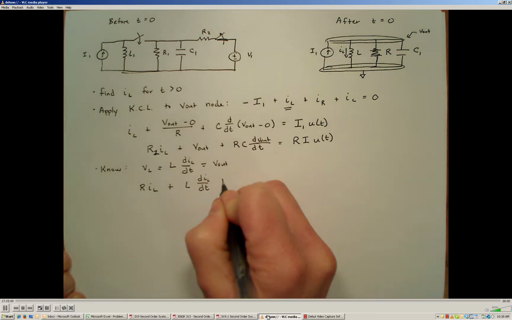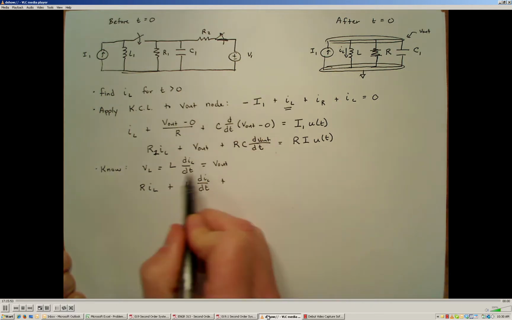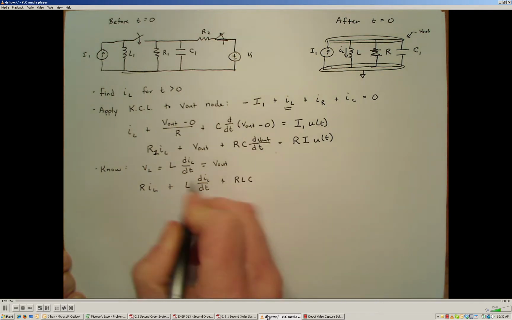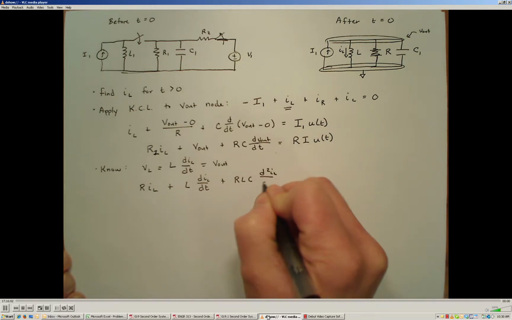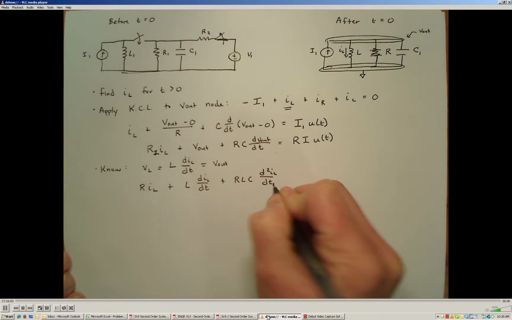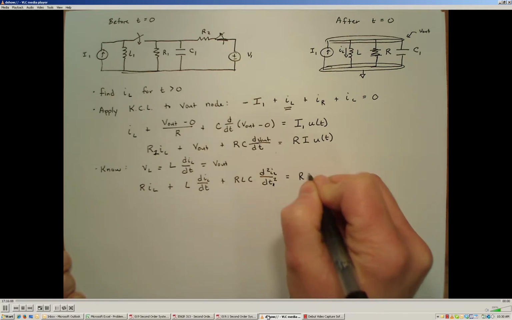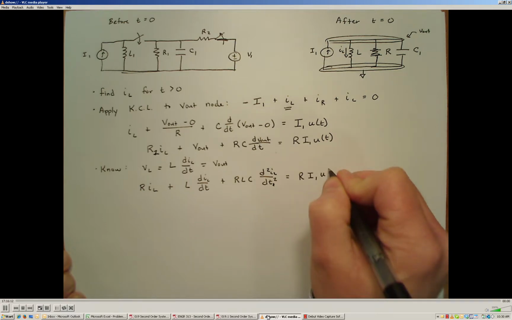And to substitute into this equation, I'm going to have to take the derivative of this relationship, which will give me RLC times the second derivative of the current through the inductor with respect to time. And that must be equal to R times the current supplied by I1 times the unit step function.